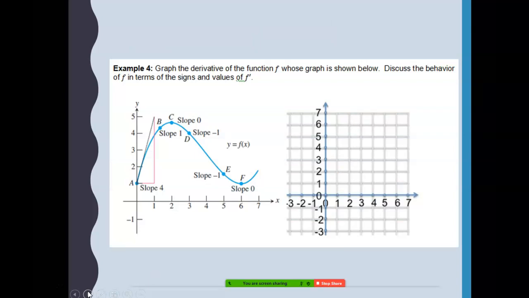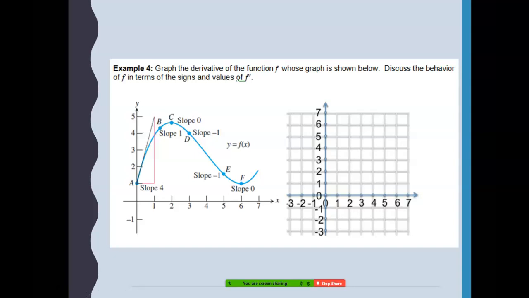So, in the example, we want to take the graph of the function and create the graph of its derivative. So from point A to point B, we are told that the slope of that graph is 4. The slope at a particular point represents the instantaneous rate of change.